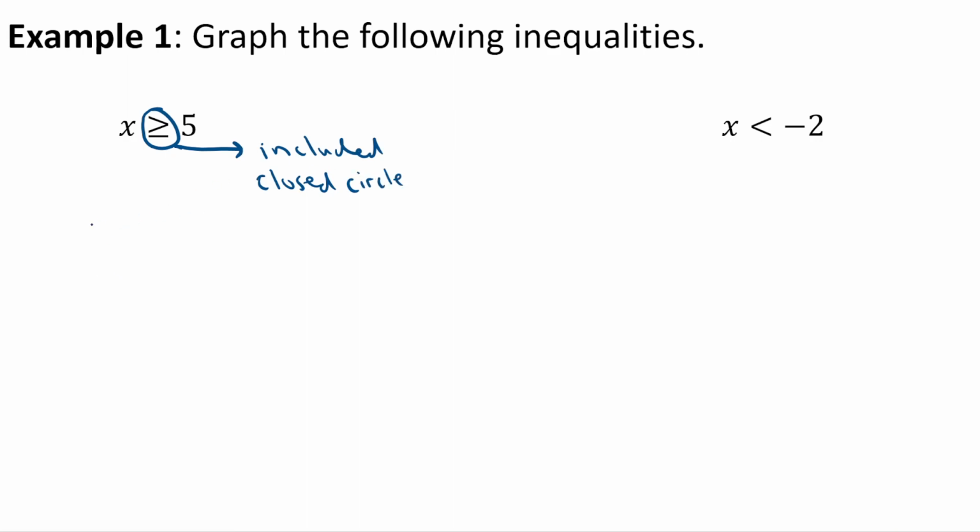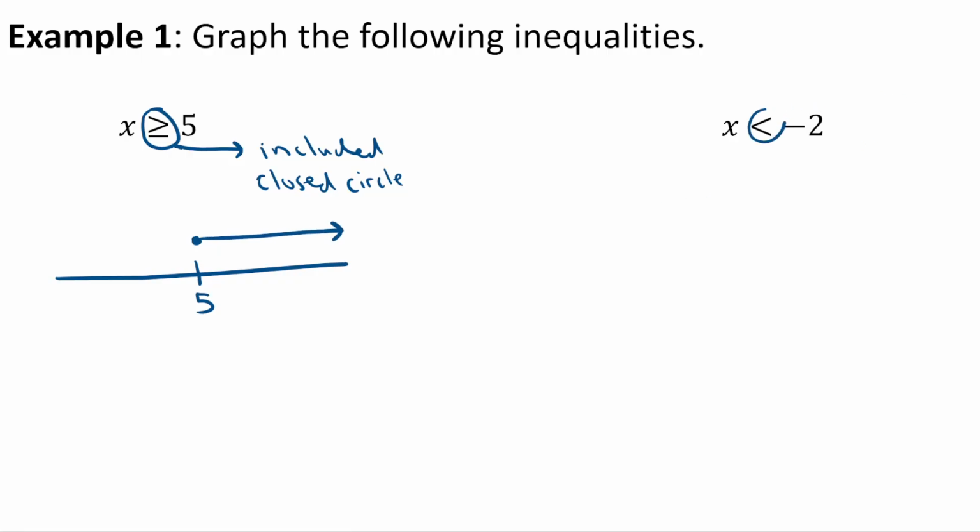And with that, I can draw my number line. I'll put a 5 in the middle, and because it's an included closed circle, I'll do a closed circle on 5, and since it's greater than or equal to, I will go to the right.